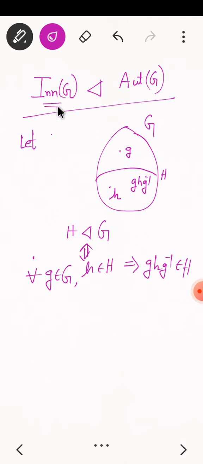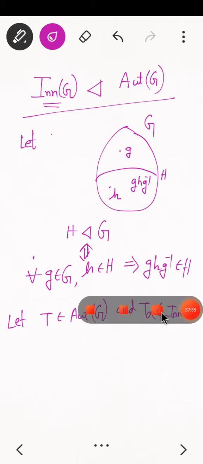Here we take any element of Aut(G). Let T be an arbitrary element of Aut(G), and T_a an arbitrary element of Inn(G).